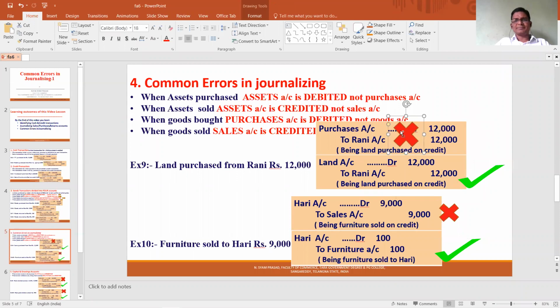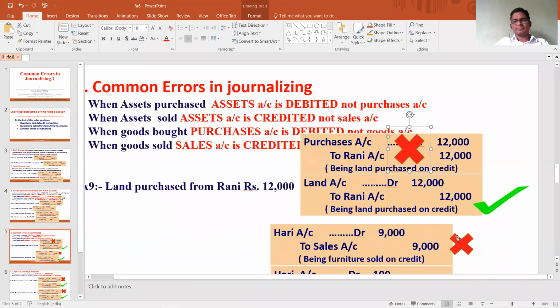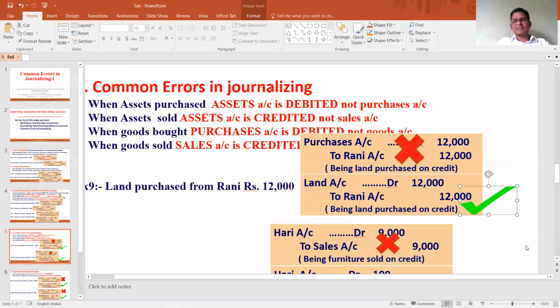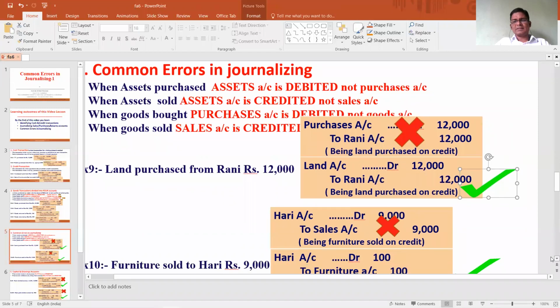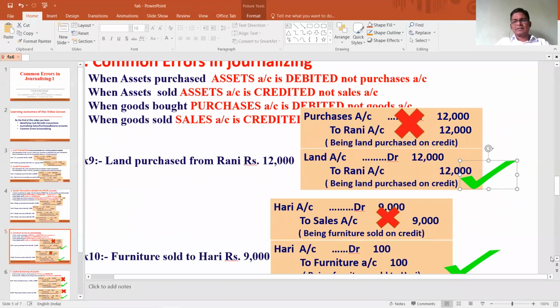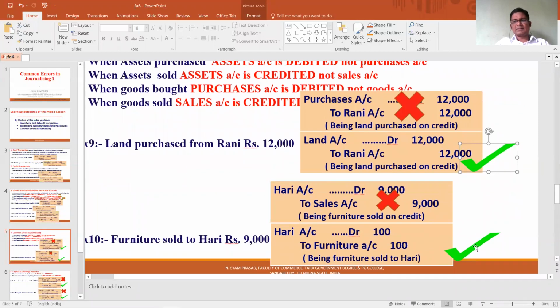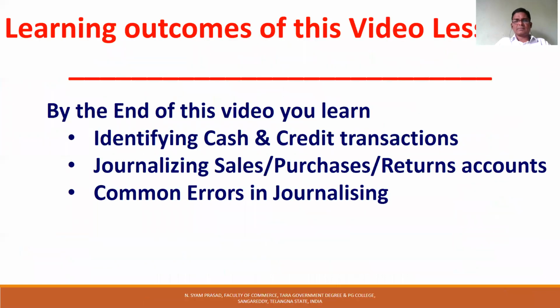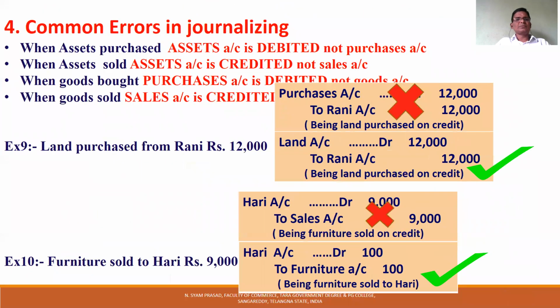This is wrong. This is right. So when land is purchased, purchase account is not debited; this is wrong. Land account is debited.